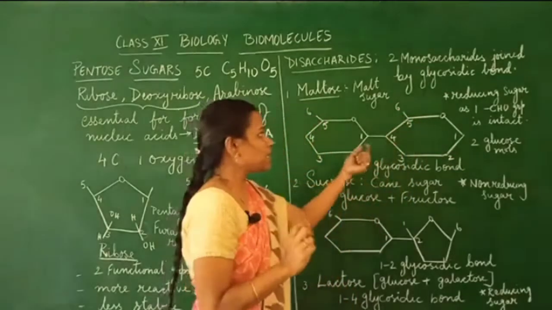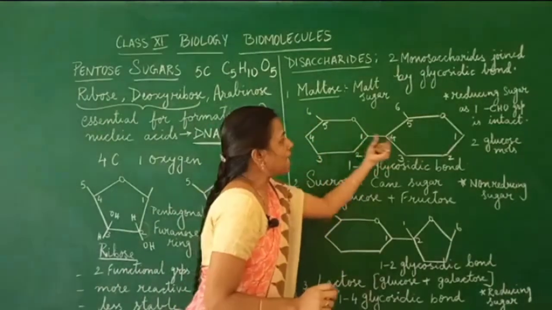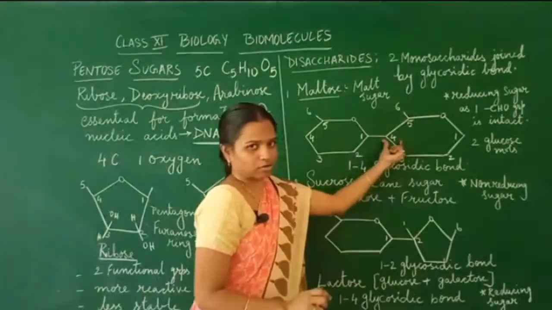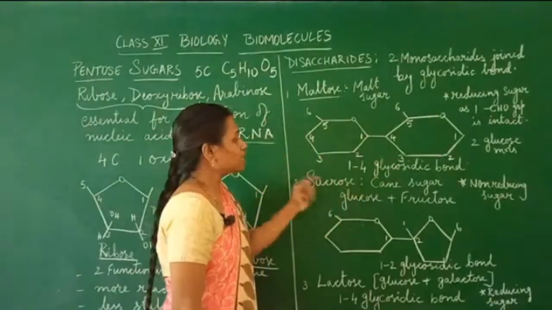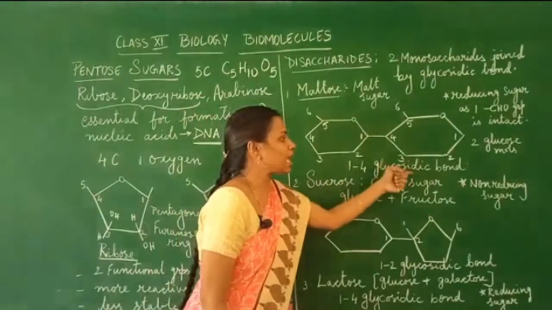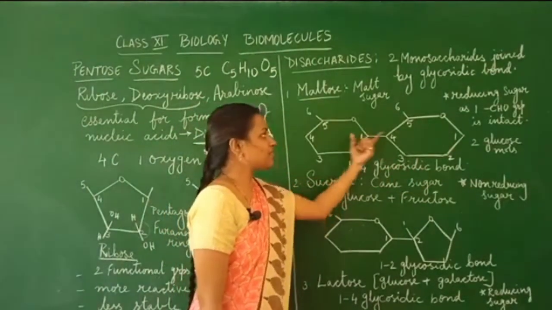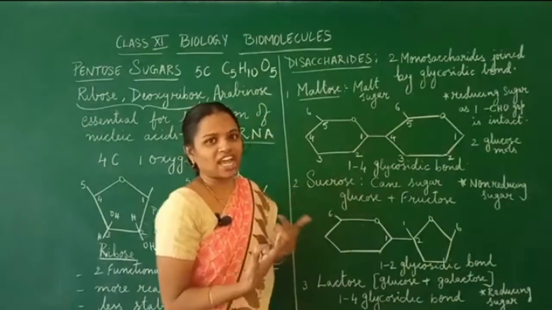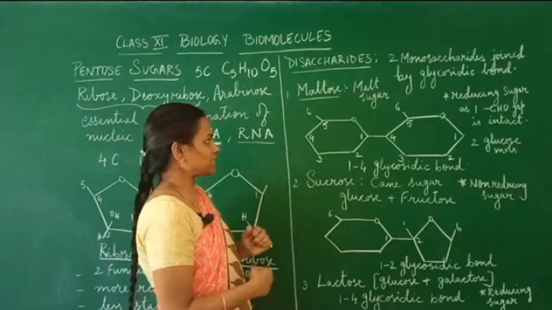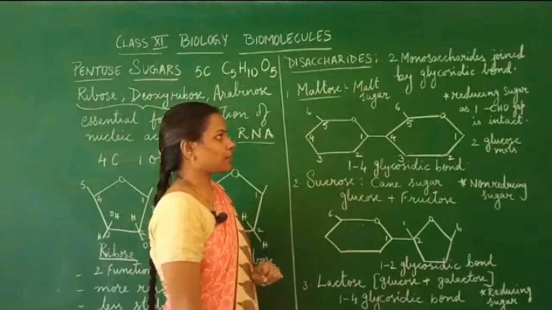So see here, the bond is between carbon atom 1 and carbon atom 4. So that is why this glycosidic bond is called a 1,4 glycosidic bond. Understood? The bond name is given based on the number of the carbon atoms it is sharing the bond with. Okay. So, this is about the malt sugar.